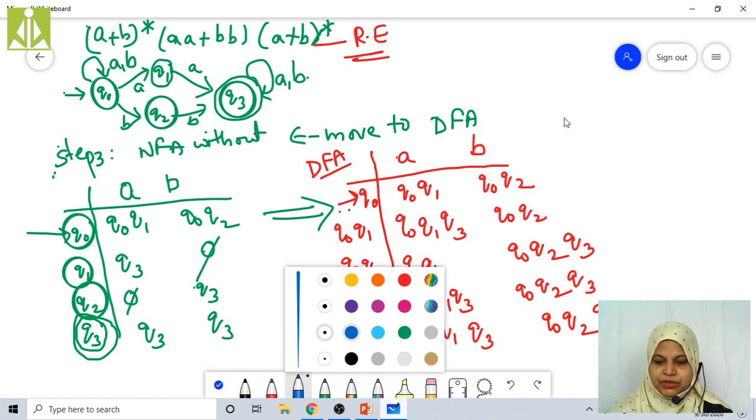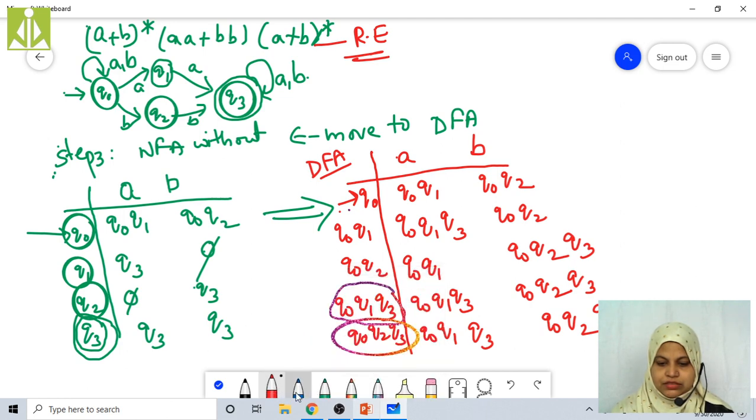I am going to draw this now. First is Q0. How many states are there?